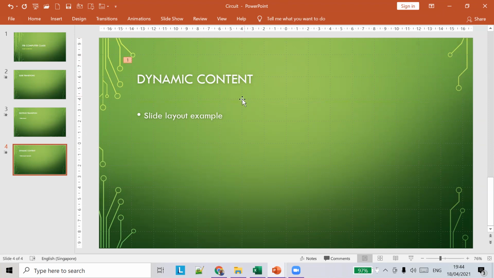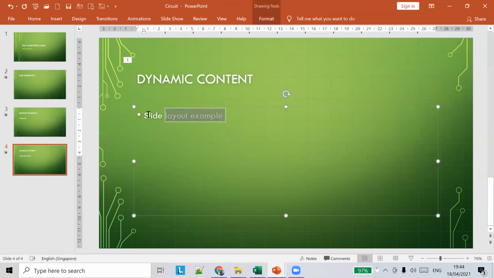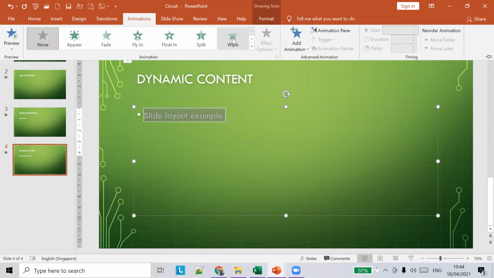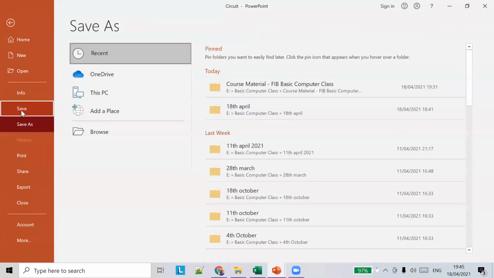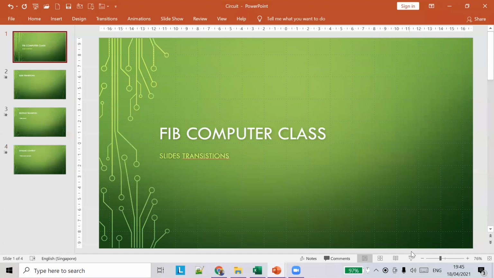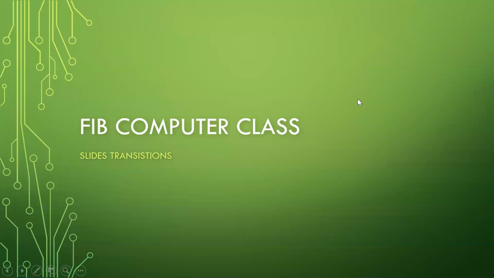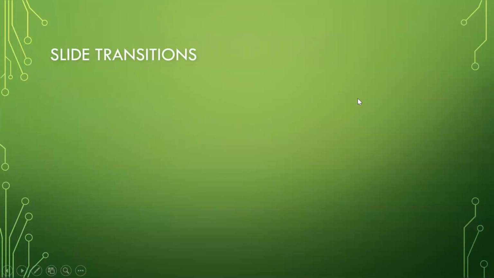If you want to add an animation for this element alone, you can go to animations and just say appear. You can see there are two animations added, one for this element and one for that element. If I save and run this project, you can see the transitions happening, and the third slide didn't appear.